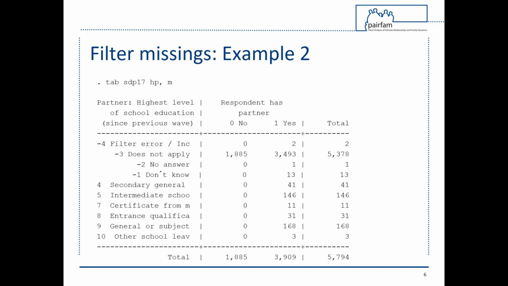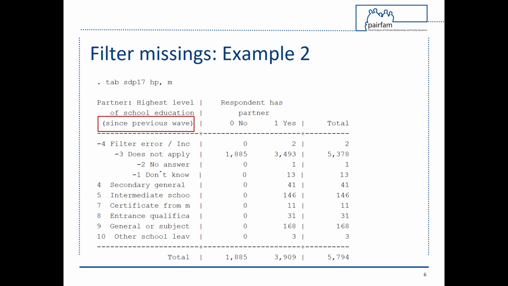Here I tabulated the partner's highest level of school education, variable SDP17. Naturally, Anchor respondents without a partner all have the missing code -3, does not apply. However, there are almost 3,500 respondents who do have a partner with this missing value as well.